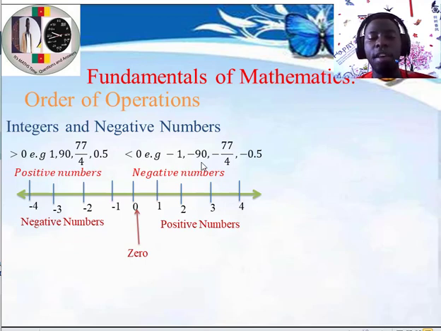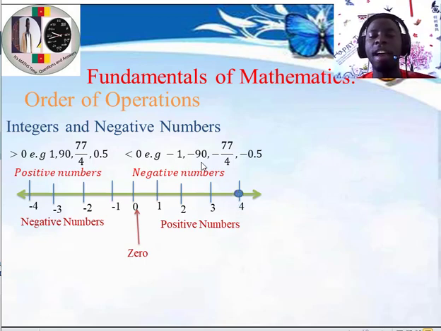If we move on from here, we can be asked to plot a number on a number line. This simply means that we draw a line and then indicate which number we are being asked to plot. Take for instance, we should plot the number 4. We just draw the number line as we have drawn on the board, and then we indicate that number 4.